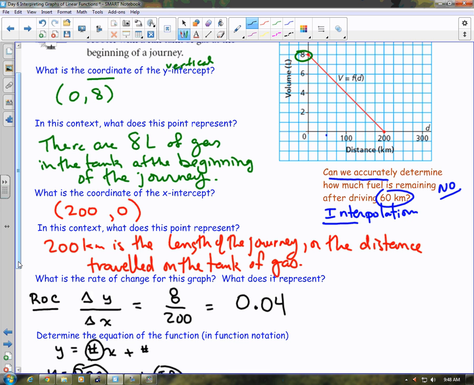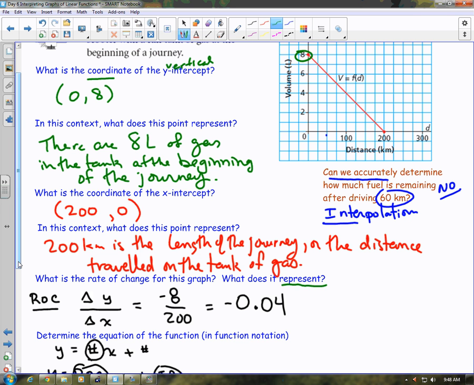And because the change in the y values is going down, this is technically going to be a negative number. Negative 0.04. So that's the rate of change.